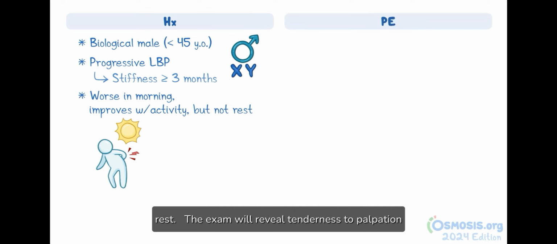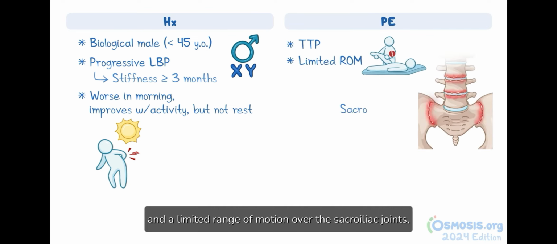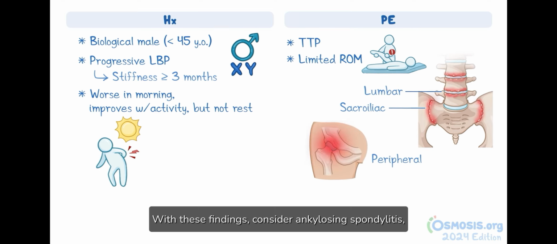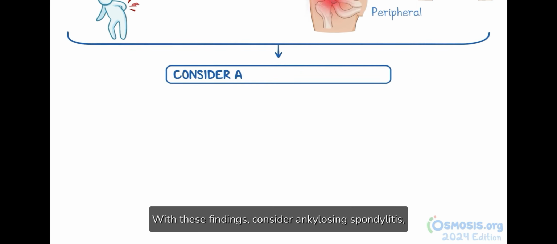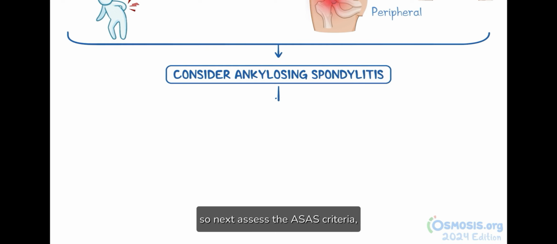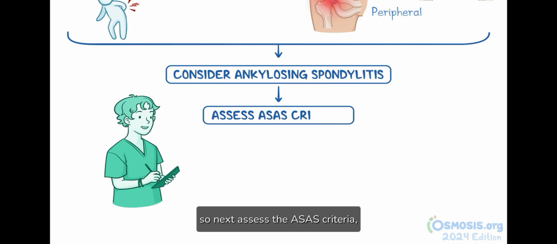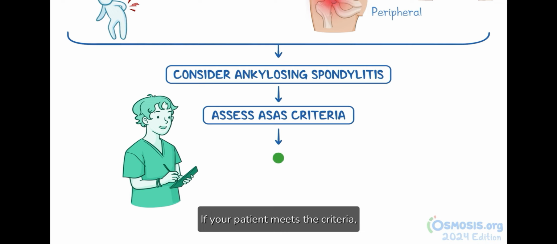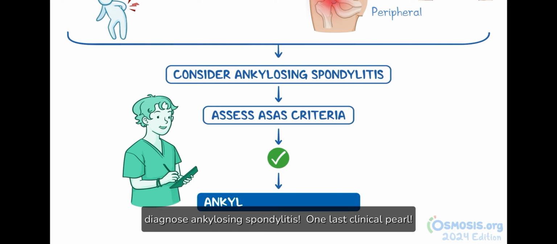The exam will reveal tenderness to palpation and a limited range of motion over the sacroiliac joints, lumbar spine, and sometimes peripheral joints too. With these findings, consider ankylosing spondylitis. So, next assess the ASAS criteria, a validated metric used to diagnose ankylosing spondylitis. If your patient meets the criteria, diagnose ankylosing spondylitis.